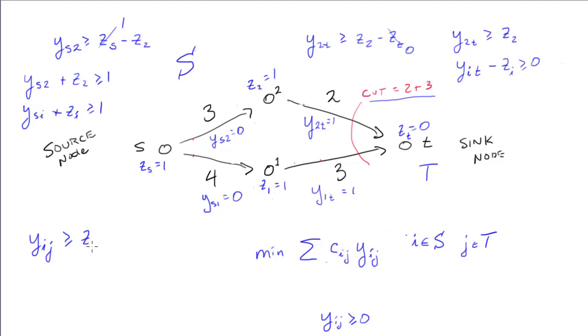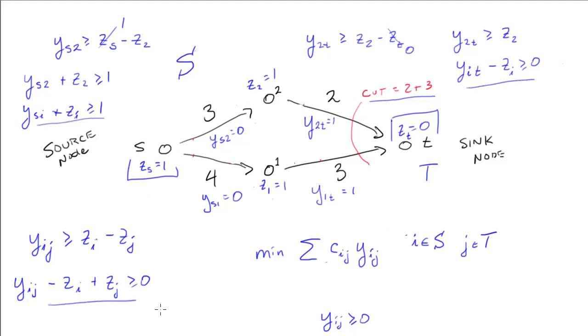All interior nodes will then satisfy the same thing, and this will do the propagation for us. At this point, it's not clear how everything's going to wind up to be zeros and ones. This requires a result on totally unimodular matrices, which I think we'll just invoke instead of trying to prove.